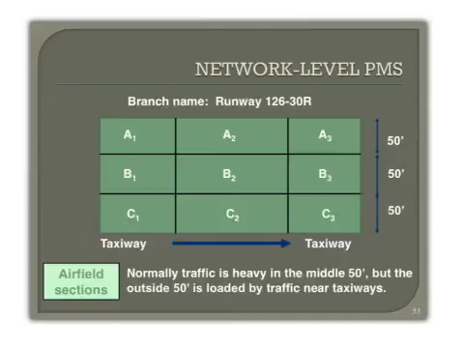Typically, traffic is really heavy in the middle 50 feet, because most of the hits by the tires of the aircraft are going to be within that middle 50 feet, and that's why I'm going to treat it differently than the right side as well as the left side. Even the maintenance and the way we deal with the health of the pavement in the midsection is going to be treated differently, as A1, A2, A3, and C1, C2, and C3.